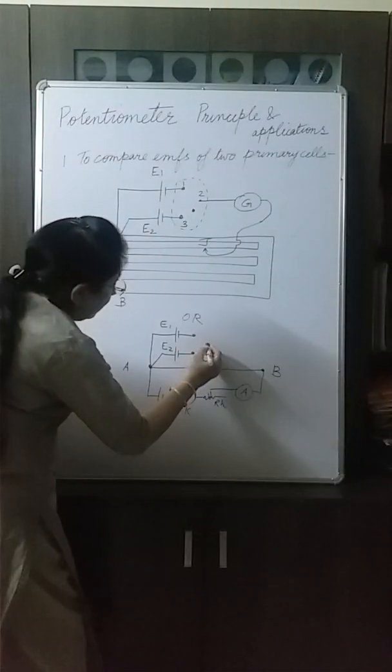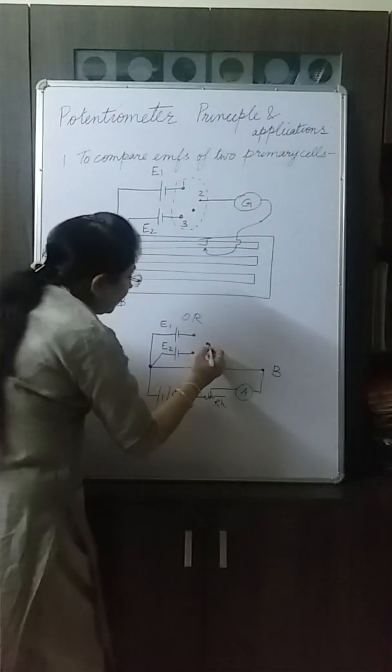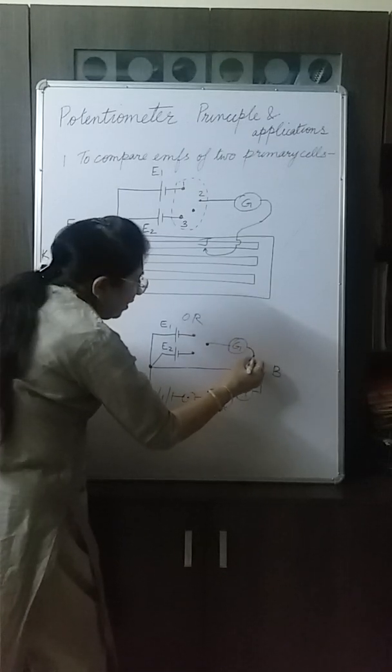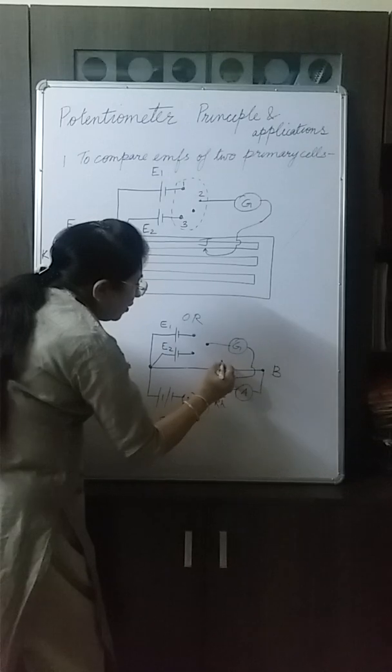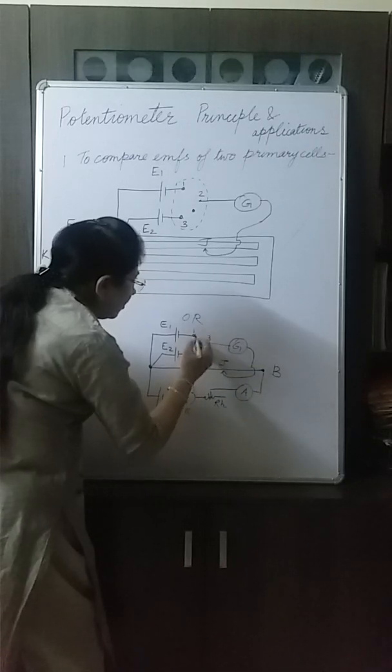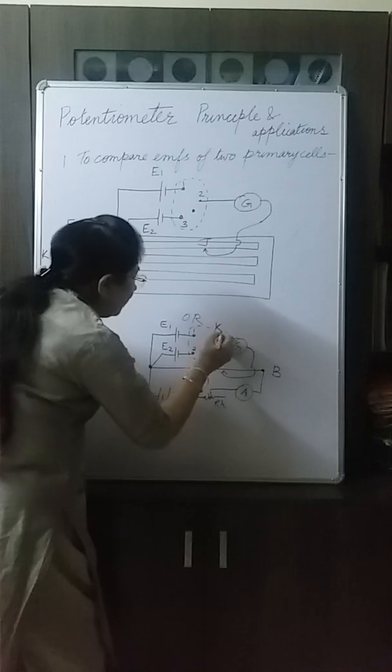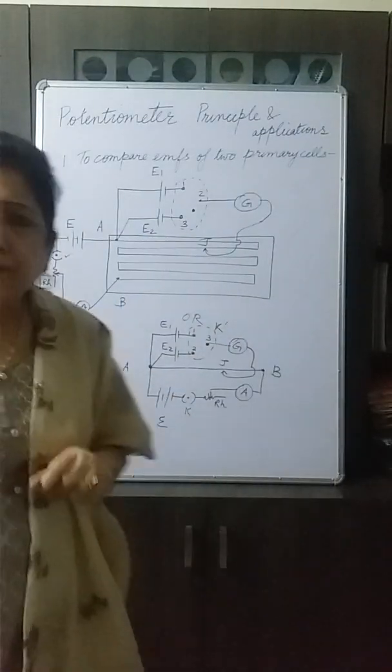The central point of the two-way key is connected to a galvanometer and the other end of the galvanometer to a jockey. In this way also we can draw the circuit. We can take a number of readings and take the average of all the readings to get a more accurate result when we are doing the experiment in the lab.